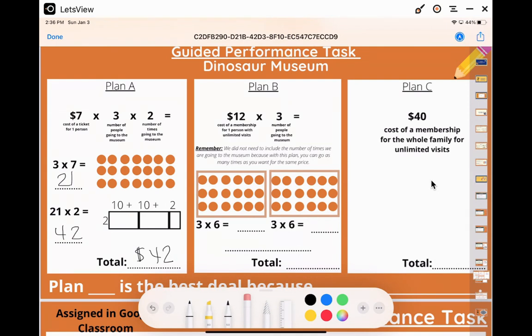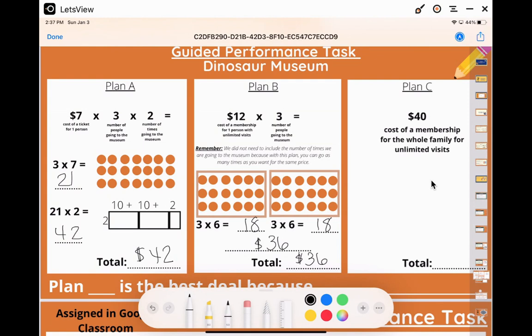I broke my arrays in 2. And so instead of going straight across 12 times 3, I did 6 times 3, which was 18. And then I did another 6 times 3, which was 18. And I added them together to get 36. And so the total cost of Plan B was $36.